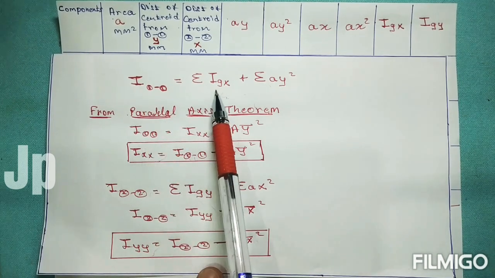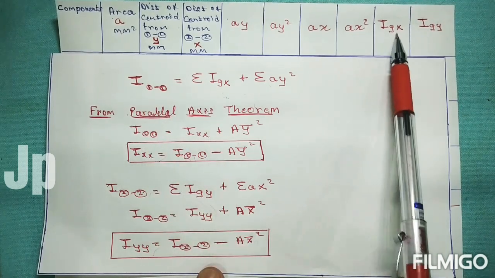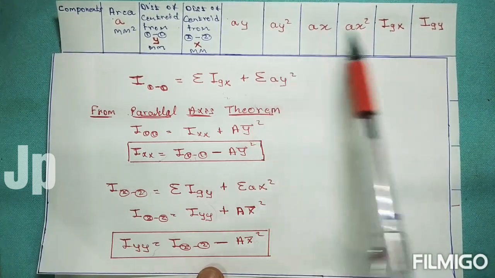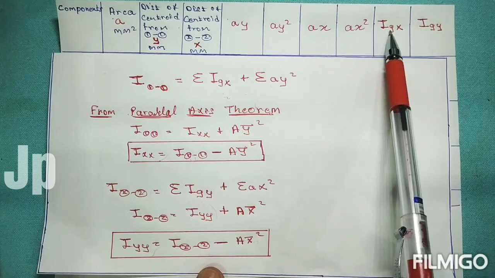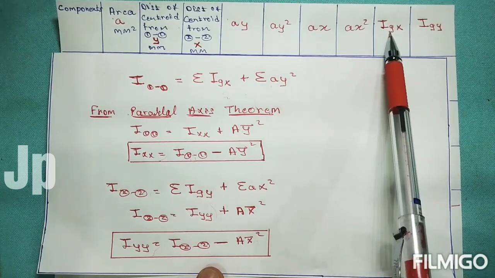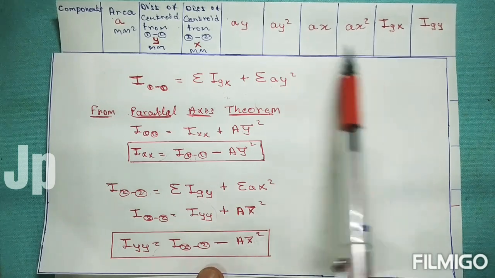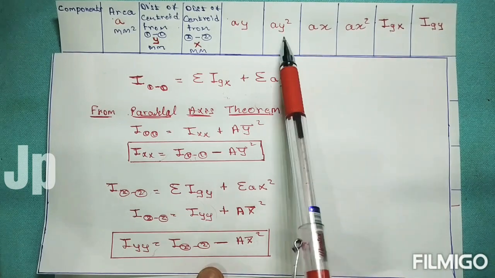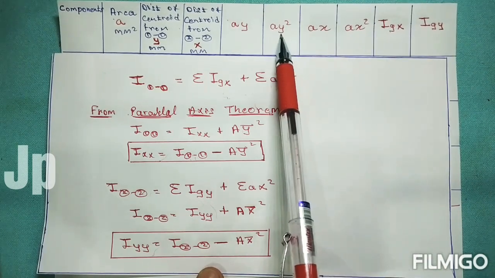So the formula is summation of Igx, this column summation, plus the summation of this column for Ay square. So for summation of moment of inertia of individual components in the x direction plus the second moment of area in the y direction. So Igx plus summation of Ay square.